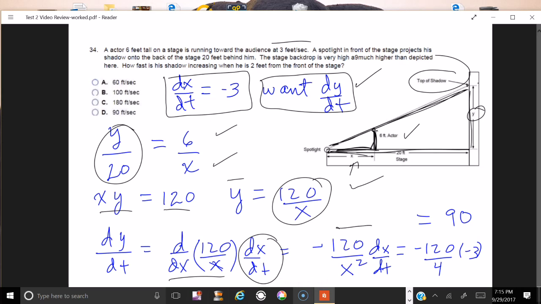Plugging in for x equals 2, they want this when he's 2 feet from the front of the stage. So x squared is 4. dx/dt is minus 3, so simplifying this, we get that the shadow is increasing at 90 feet per second. And that is the last of these review problems.